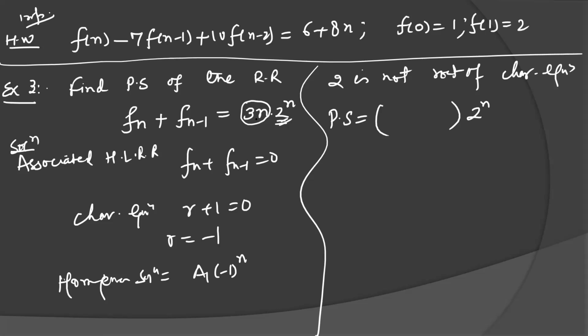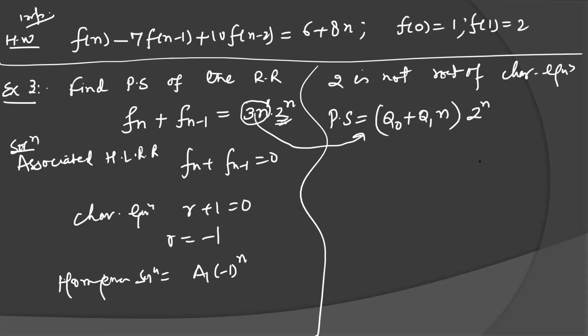Only we have to tackle this 3n. See carefully, students, 3n, degree is 1. So we will take all the terms of the particular solution of degree less than or equal to 1. So q naught plus q1 n, into 2 to the power n.